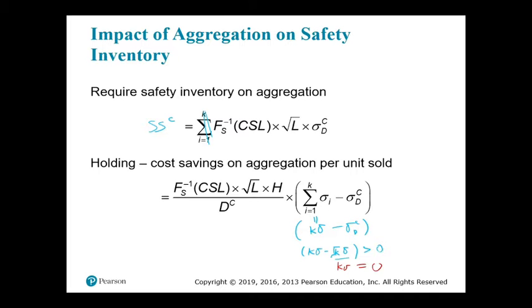So they would have no opportunity to cancel each other out. Okay. So then looking at this inventory saving, how does this saving change with service level? Increase or decrease?